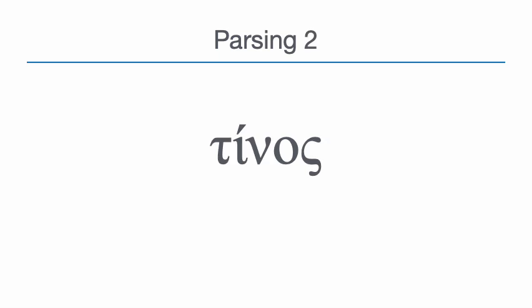Tinos. Now, we didn't get a chance to talk about this in class, I don't believe, but the accent of this one is very important. So when tis is functioning as an indefinite pronoun, someone, a certain one, there will not be an accent on the first syllable. It will either not have an accent mark at all, or the accent will be on the last syllable.